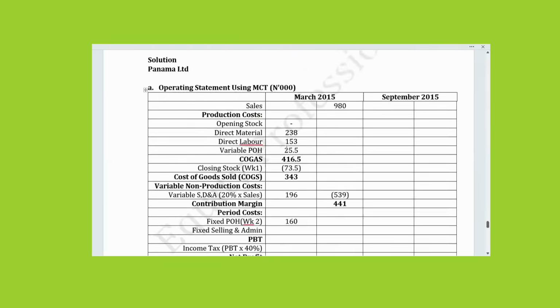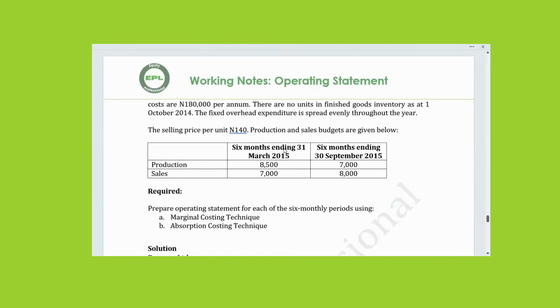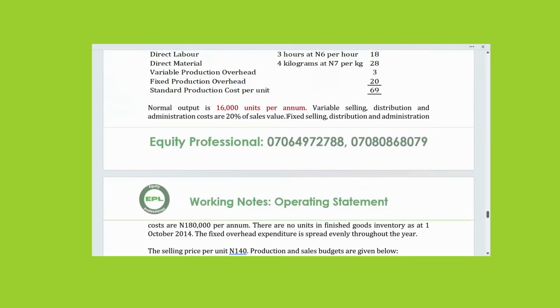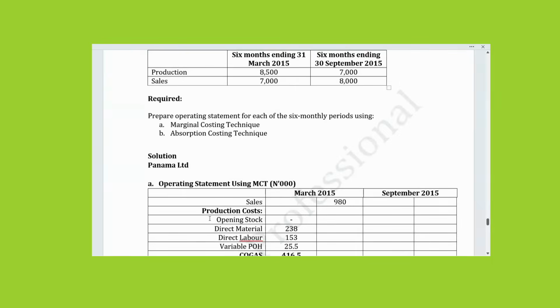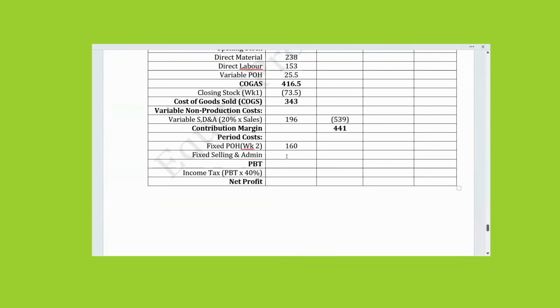Then we go back to the question to check in case we are given other fixed costs. In the question, we're also given fixed selling, distribution, and admin costs to be 180,000 naira per annum. And because we are not doing for the whole year, this is for 6 months. So we need to divide it by 2.